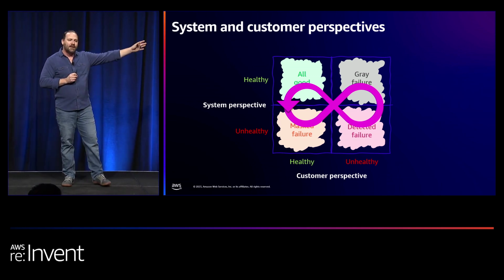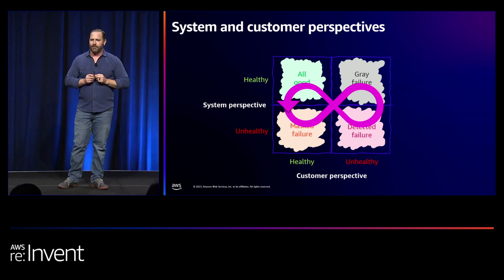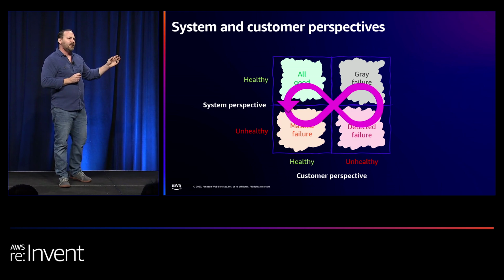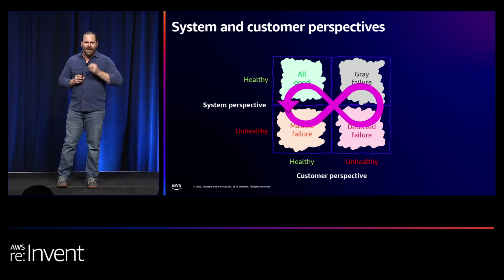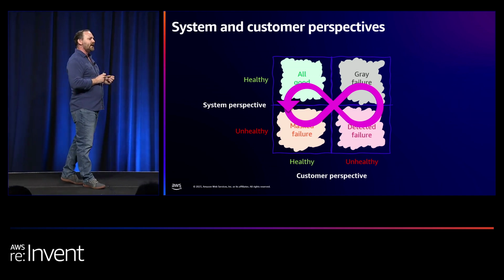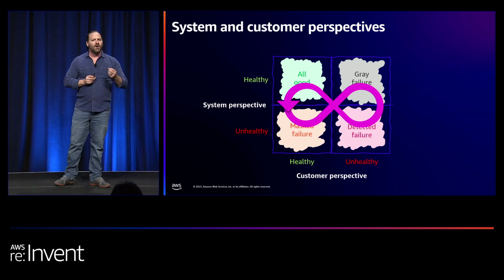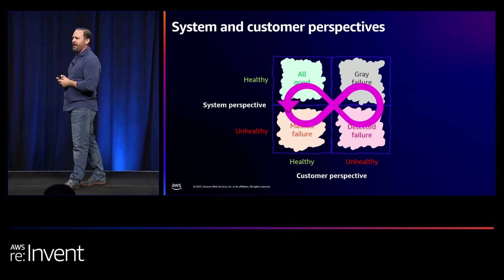Or it could start as a detected failure and move to be a gray failure. The idea here is that even though systems may eventually notice that something's wrong, they may not react fast enough. And so if you want to be resilient to these types of failures, you're going to want to be able to detect them quicker and react faster than the underlying systems that you depend on.